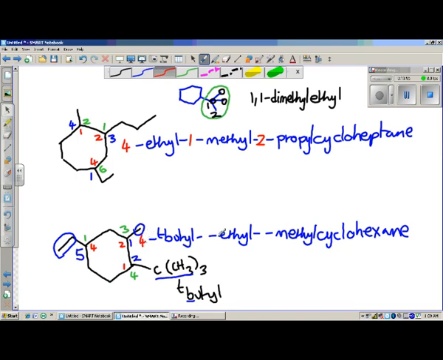So, 4, t-butyl, oh, no, I'm sorry. Let's get rid of that. It shouldn't be a 4. That should be a 1, t-butyl, 4-ethyl, 2-methyl, cyclohexane. Does that make sense to everybody? I hope so.